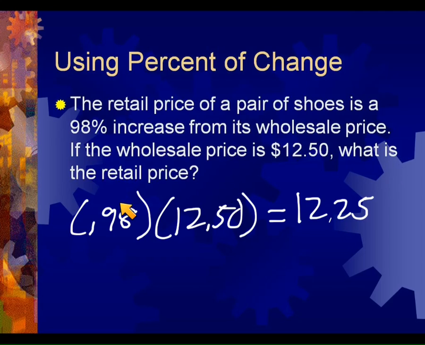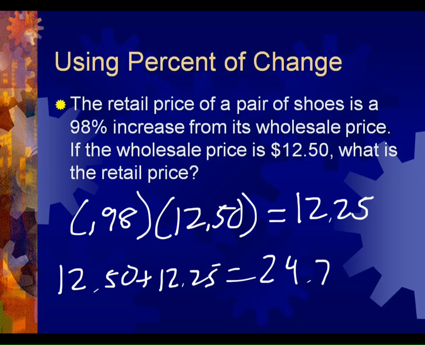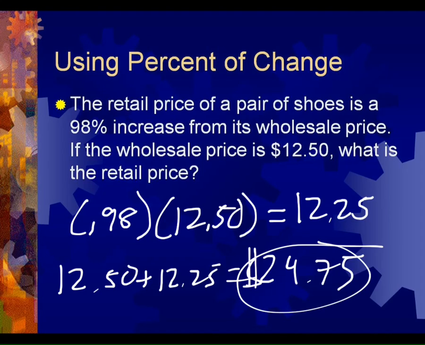To find the retail price, because the retail price is a 98% increase of this, I would take $12.50 plus $12.25. So the total price would be $24.75. So I had a 98% increase of $12.50. Remember, just sound it out in your head if you get stuck. Of means multiplication. Then you can find it from there.